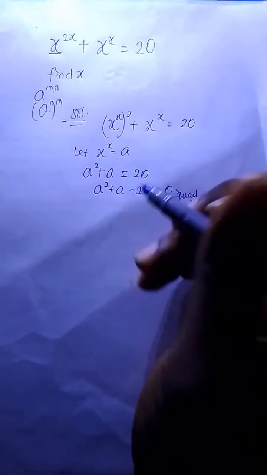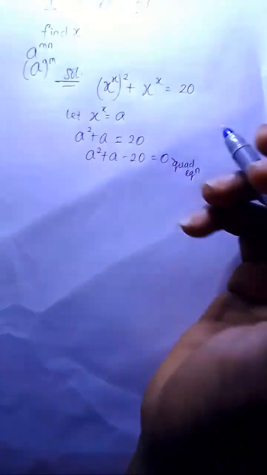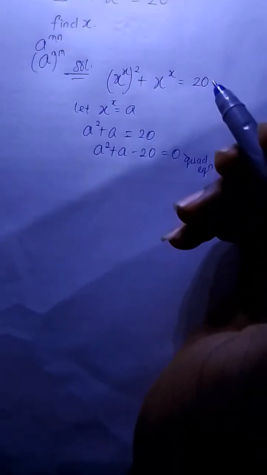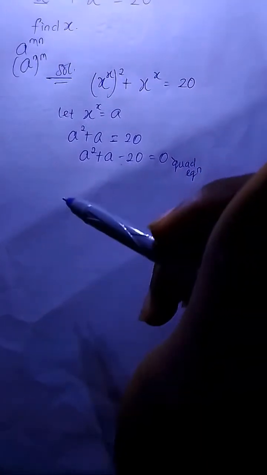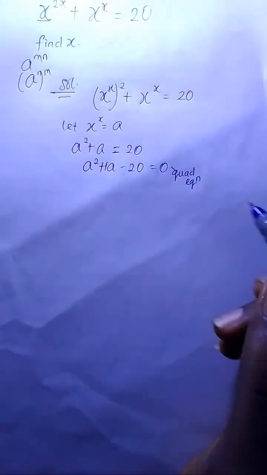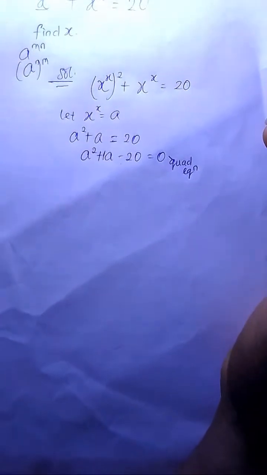But you can also find two factors. If you don't want to go about your quadratic formula, you find two factors of this minus 20 that when added up can give you plus 1, because in this a there is 1 here. So what are the two factors we can find?